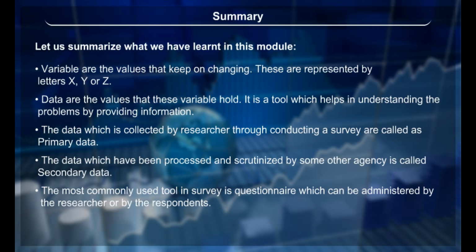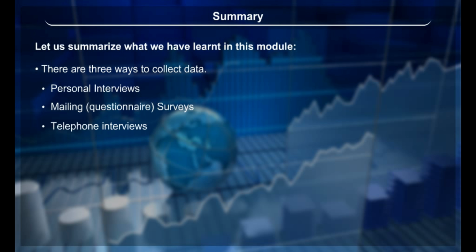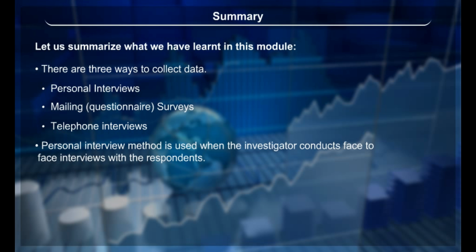The most commonly used tool in a survey is the questionnaire, which can be administered by the researcher or by the respondents. There are 3 ways to collect data: personal interviews, mailing questionnaire surveys, and telephone interviews. Personal interview method is used when the investigator conducts face-to-face interviews with the respondents.